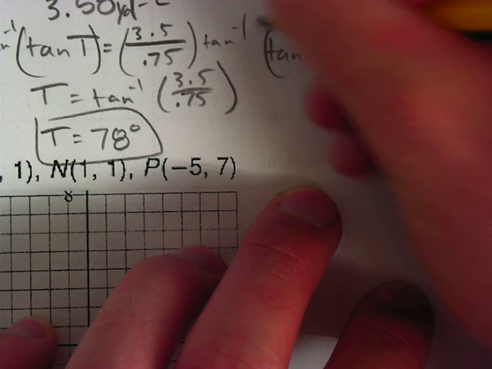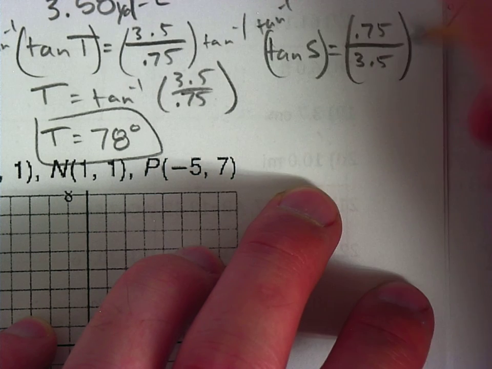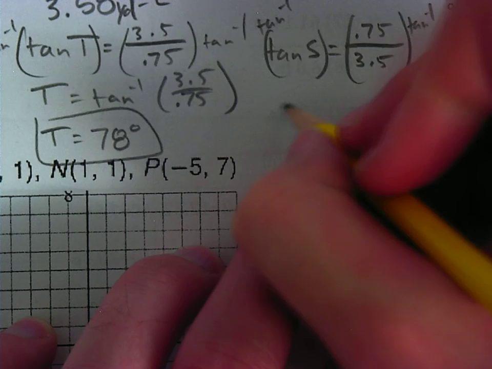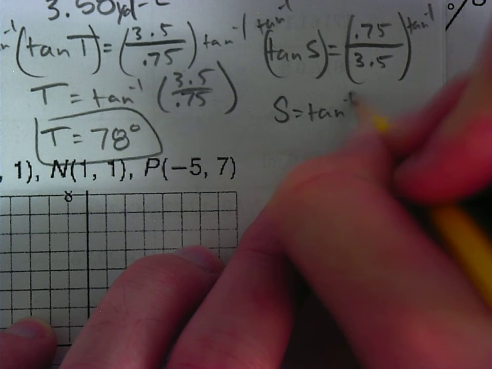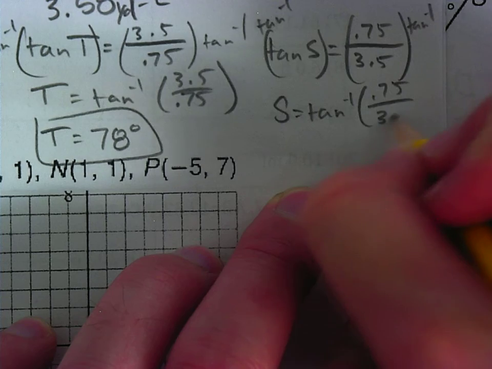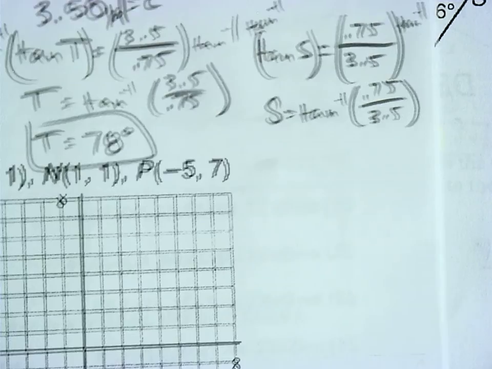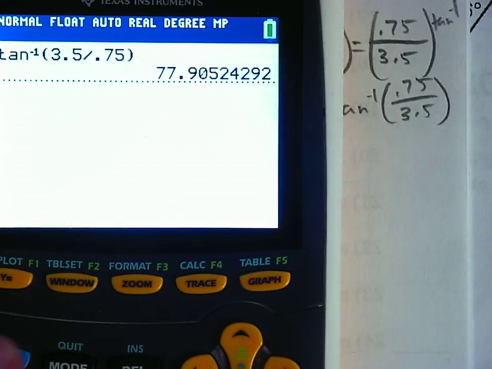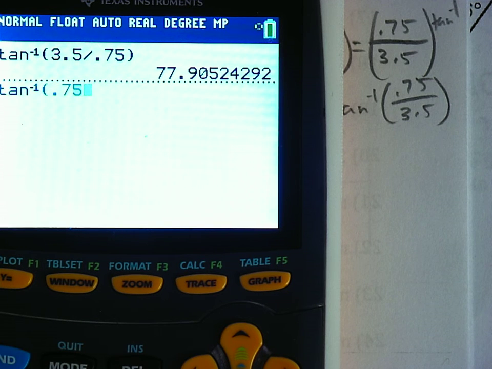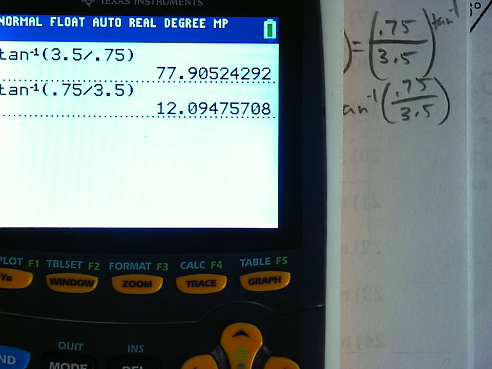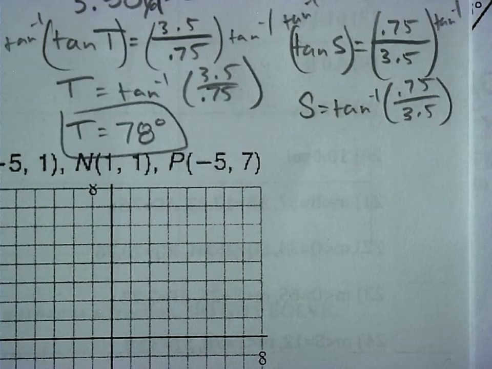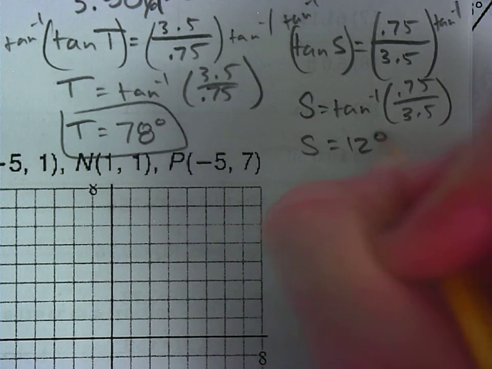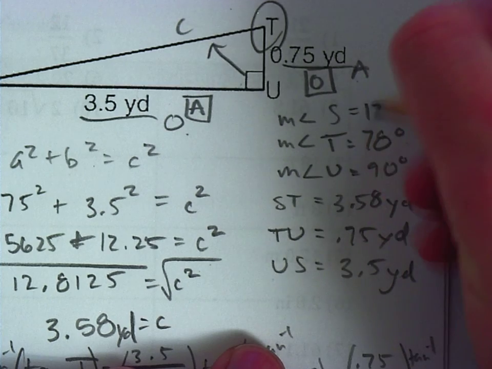And then we're doing inverse tangent because we're finding an angle. So S is the inverse tangent of 0.75 over 3.5. We type that into our calculator: second tangent of 0.75 divided by 3.5. That equals 12.0, which rounds to 12 degrees. So the measure of angle S is 12 degrees.